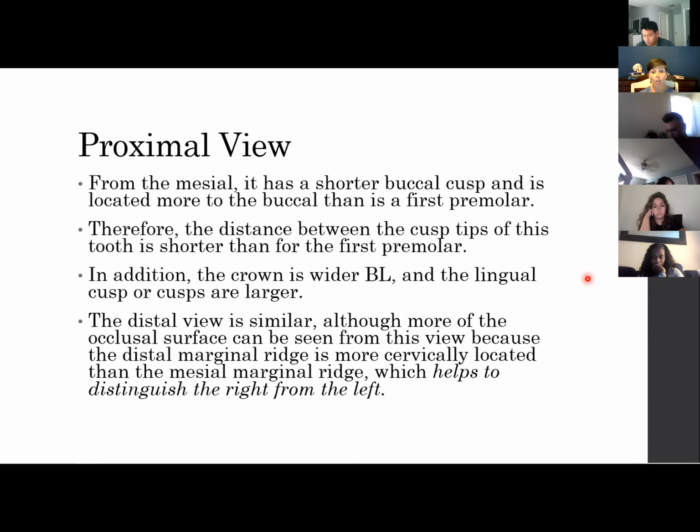In addition, the crown is wider buccal to lingual, and the lingual cusp or cusps are larger. So it's almost like a more solid looking tooth, whereas that first premolar almost resembles a cuspid a lot, right? The distal view is similar, although more of the occlusal surface can be seen from this view because the distal marginal ridge is more cervically located than the mesial marginal ridge.